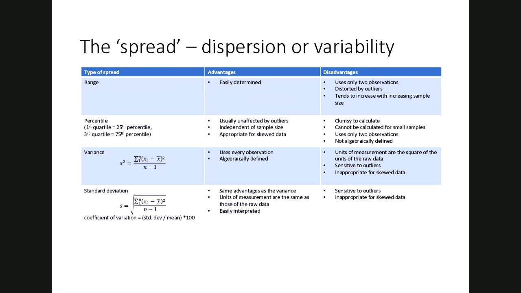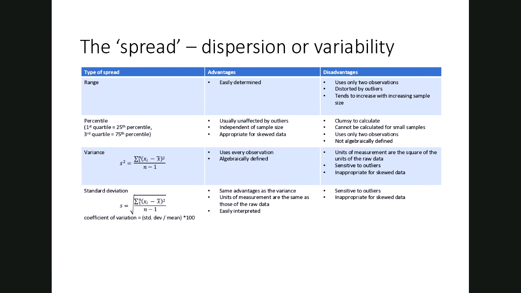There are many measures of spread, which include the range, the max and min, and then percentiles: the first quartile is equivalent to the 25th percentile, and the third quartile is equivalent to the 75th percentile. That is the 5-point summary we use in a box plot, and the quartiles really help to understand the box plot.